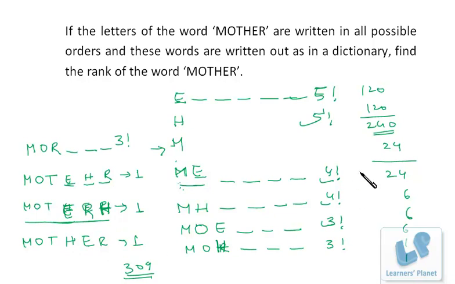So this is 240 plus 48, that is 288, and this 2 is 290, and 18 is 308, and this one is 309. These two ones I have calculated over here. So the rank will be 309.